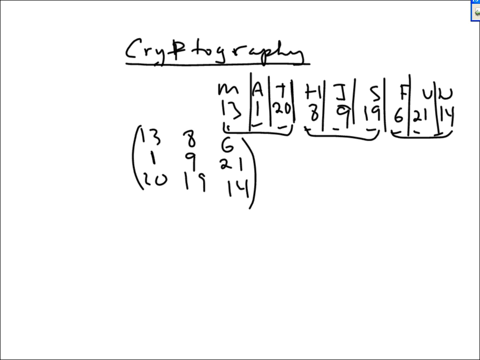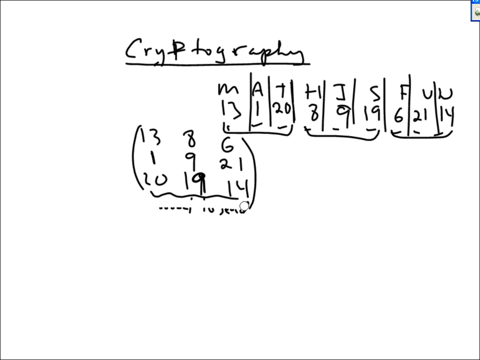What you do is you take this vector, think of it as a vector, and you multiply it by some matrix. So this is what you want to send. You want to send math is fun.